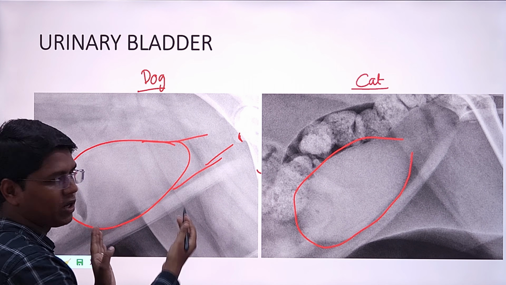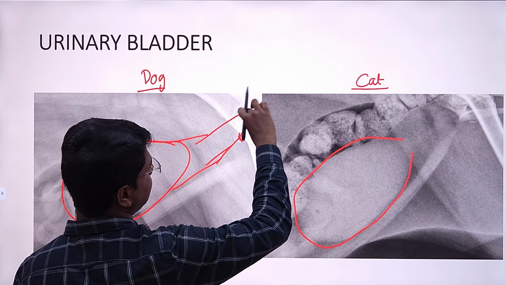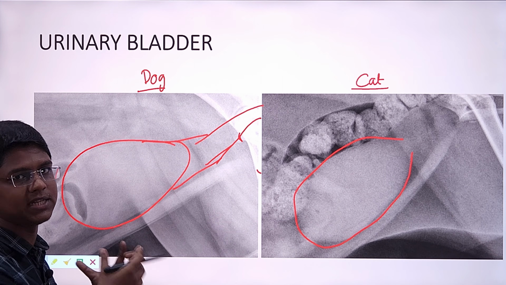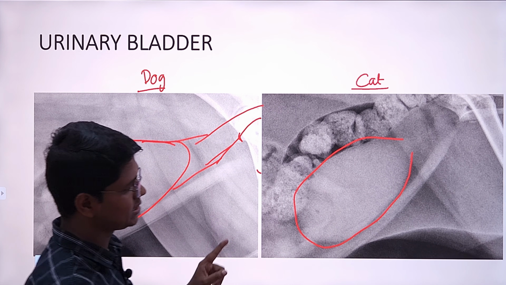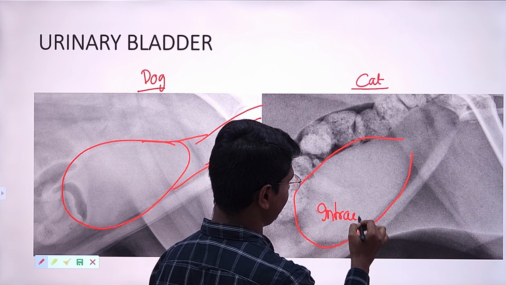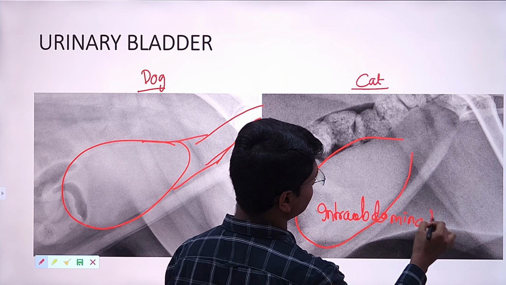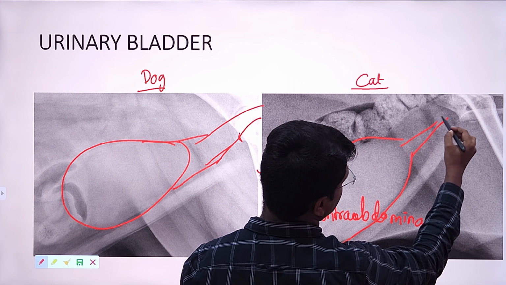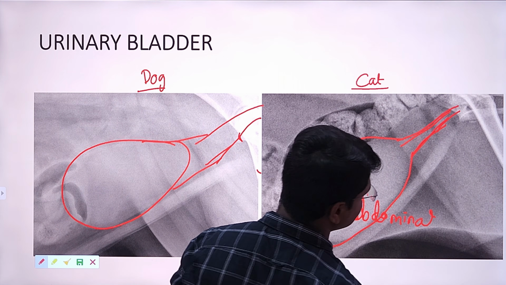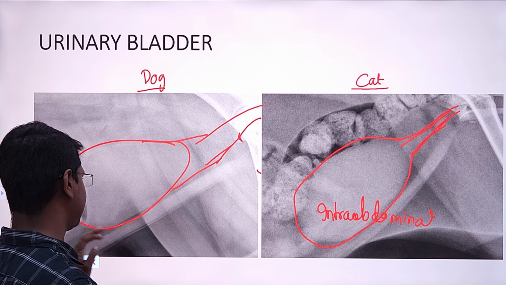When there is no urine, just after voiding, this neck can go up to just above the pubis, or some part will be inside the pelvic cavity. But in case of cat, it is always intra-abdominal. Okay, and here the urethra starts. It has a little bit longer neck, then the urethra will start. Always intra-abdominal. So these are the basic differences between the dog and cat.